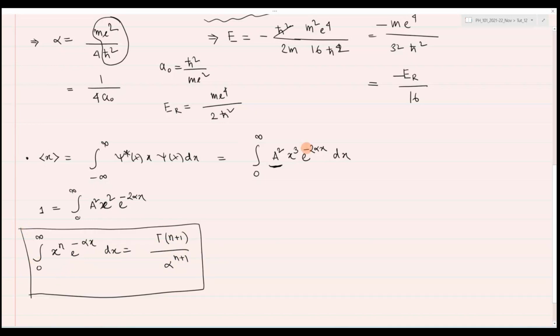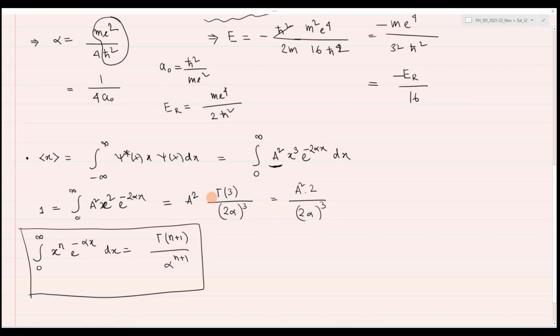So you substitute here, we will get a square. This will come out to be gamma of 3 divided by 2 alpha to the power 3. Gamma of 3 is actually 2 factorial. So it will become 2 a square by 2 alpha whole cube. So from here you will get a.